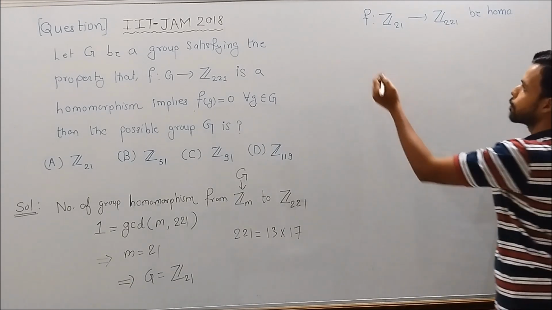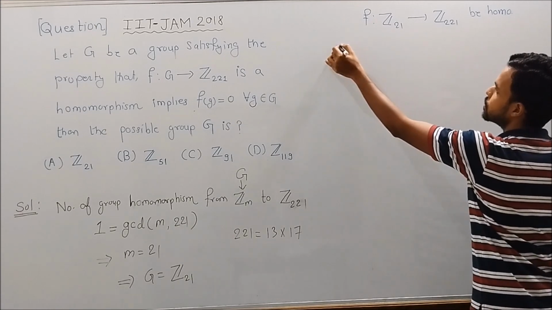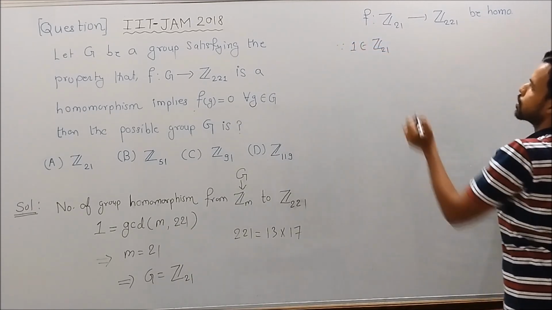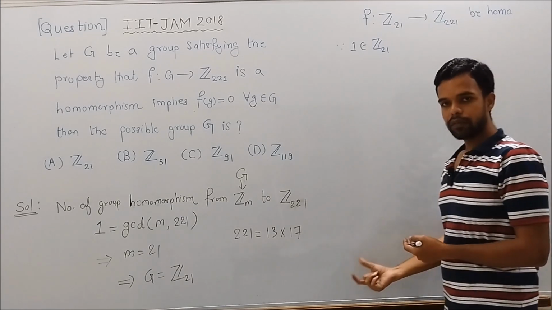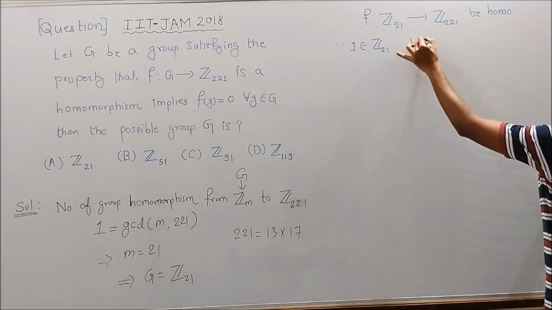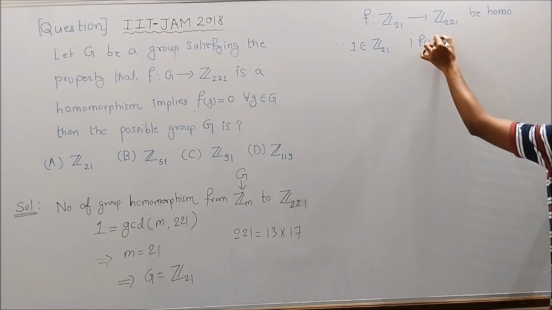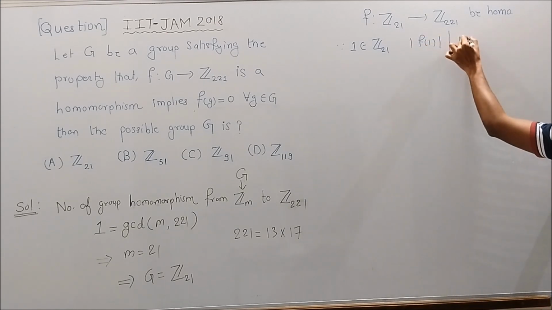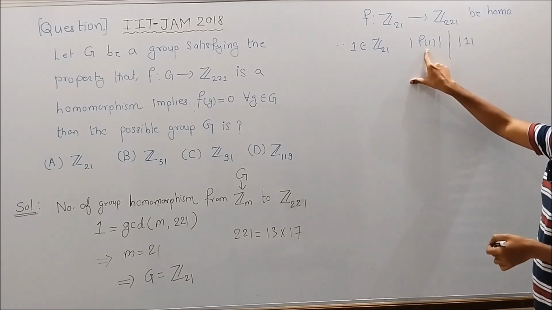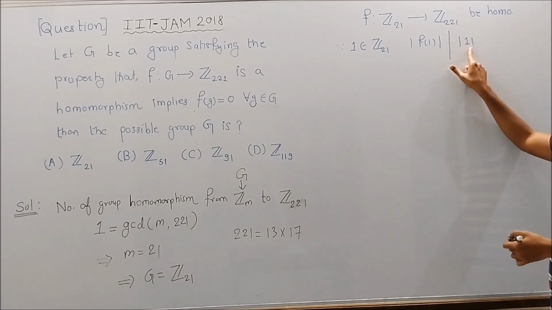Now we will determine the image of 1. Since 1 belongs to Z21, by the theory that we have seen here, the order of f of 1, that is the image of 1, divides the order of 1.